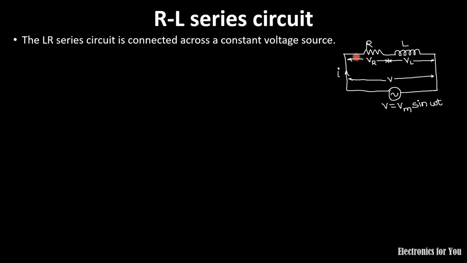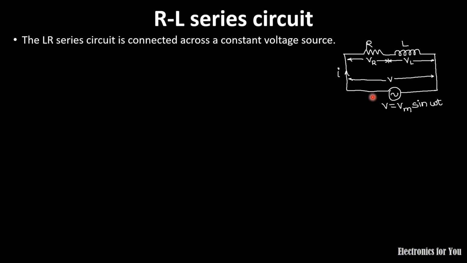Now consider this circuit. Here this is the resistance and this is the inductor, which are connected in series. If we apply the voltage V equals Vm sin omega t, which is an AC supply, then the current I will start flowing when the switch is on. Let the voltage across the resistance be VR, the voltage across the inductor be VL, the current I flows through the circuit, and the terminal voltage is V, which is the supply voltage.